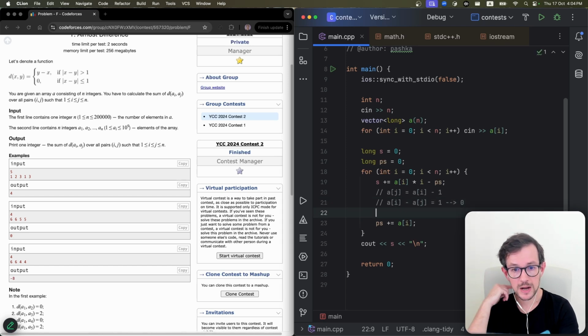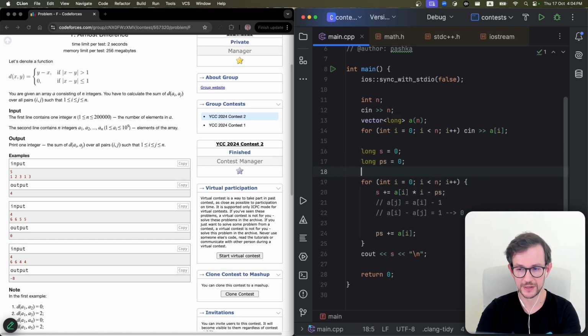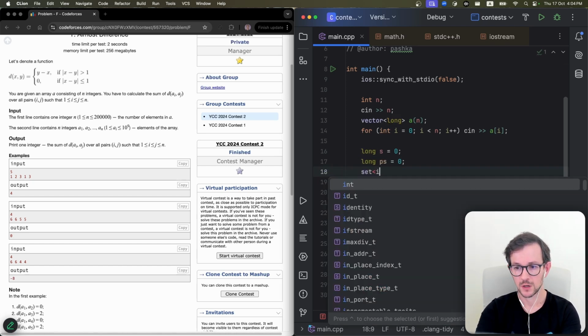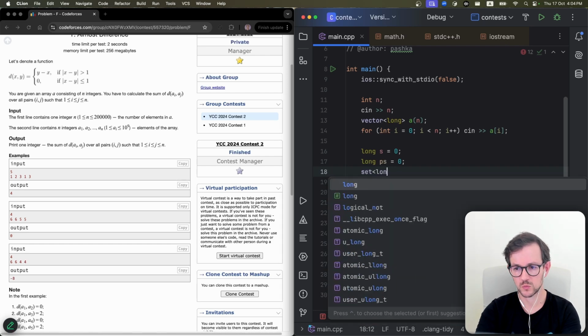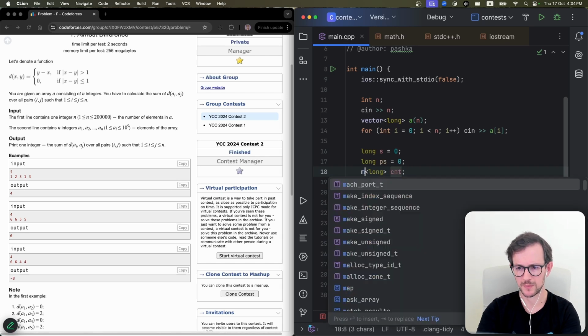So what I will do is count how many times it happens. The easiest way is to create a map of longs. Let's call it counter. I need a map.